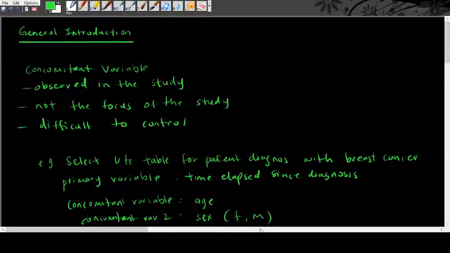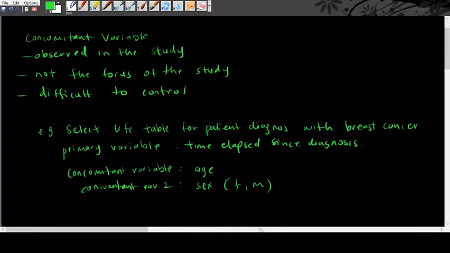Let's look at the general parametric models of hazard functions with observed concomitant variables.